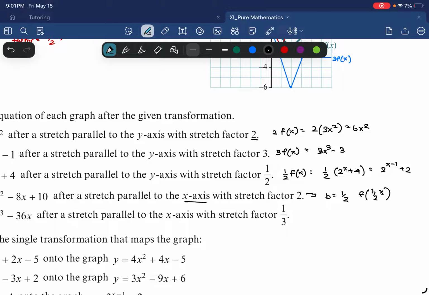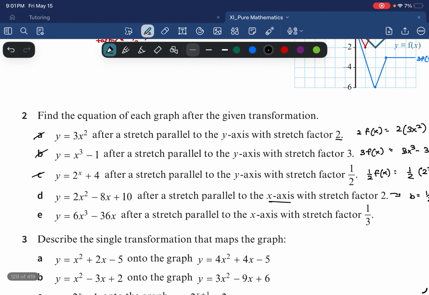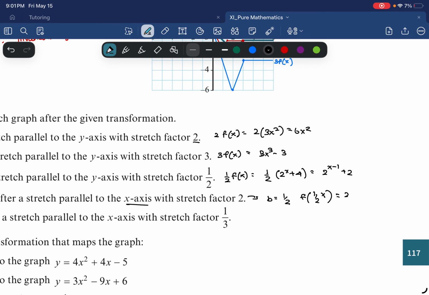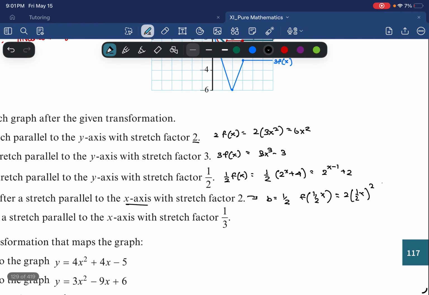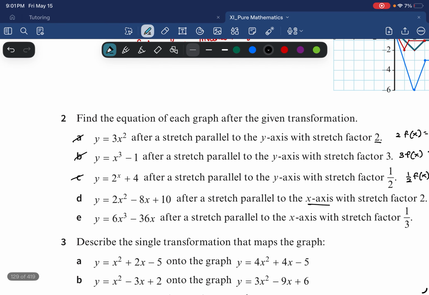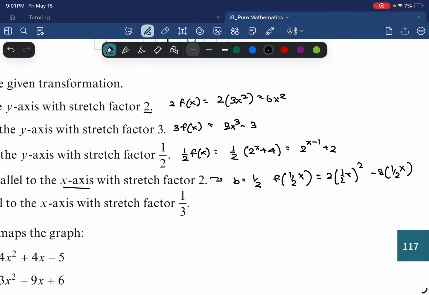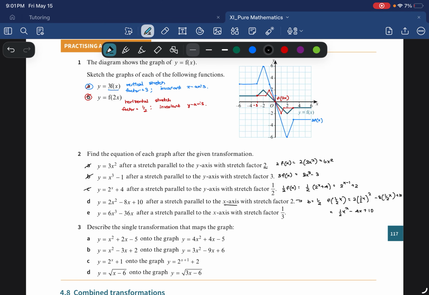If I had 2x, then my stretch factor would be half. Remember that. So f of half x is going to be 2 times half x squared minus 8 times half x plus 10. Sorry. And that gives us half x squared, if you simplify, minus 4x plus 10. All right, we're done with 4.